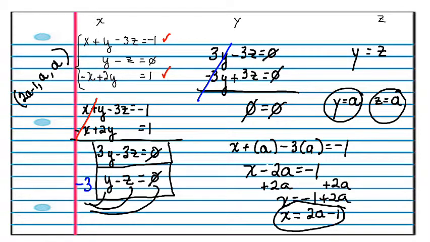That is, I had a y equals z, and didn't know at the time that was what was going on, that whatever a is would work for any of these. So if I was to say that a equaled 1, then x would equal 2 minus 1, which is 1, and of course 1 and 1.